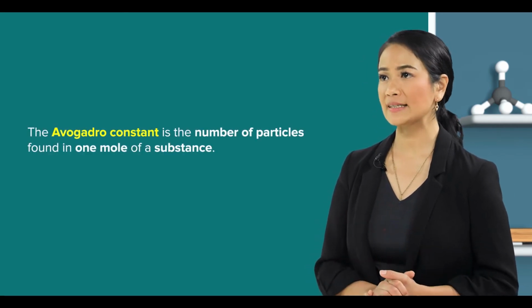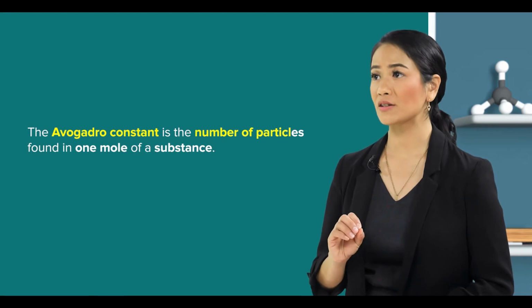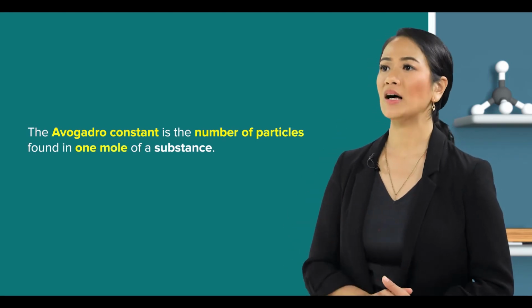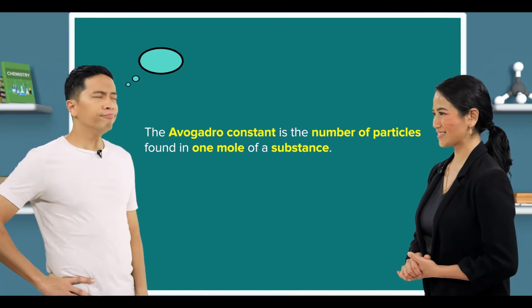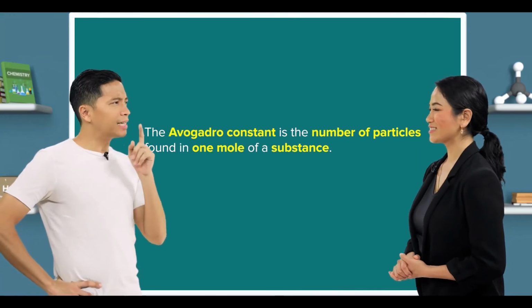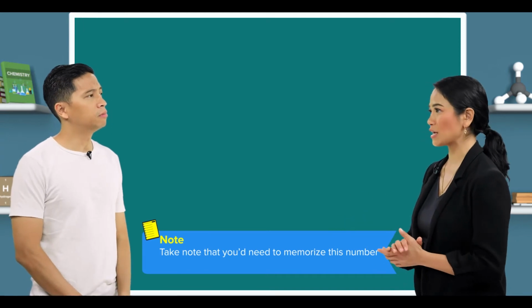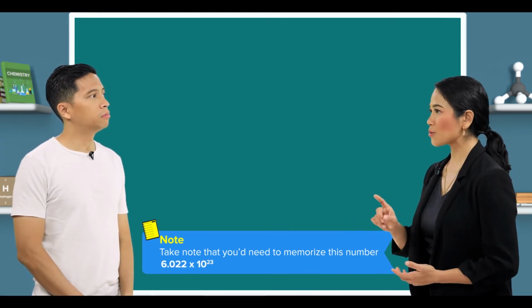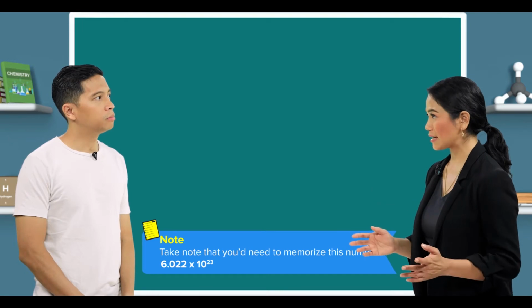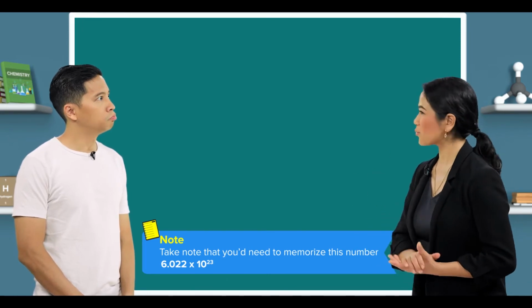So, as you can see, the Avogadro constant is the number of particles found in 1 mole of a substance. I think I kind of get it. Take note that you'd need to memorize this number, 6.022 times 10 to the power of 23.